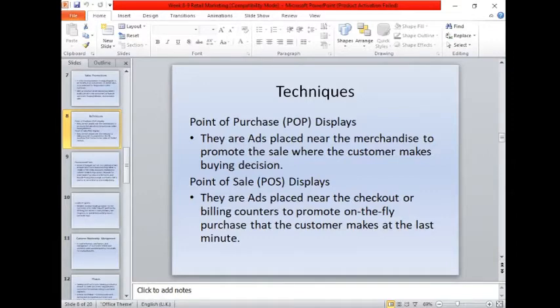Sometimes you become impulsive, because you think it's cheaper, and even though it's not part of your budget, you try to buy it. That's a point of sale. Another is when you go to a fast food chain and you make an order, then the counter also offers, would you like to add this? That's also a point of sale. Okay.